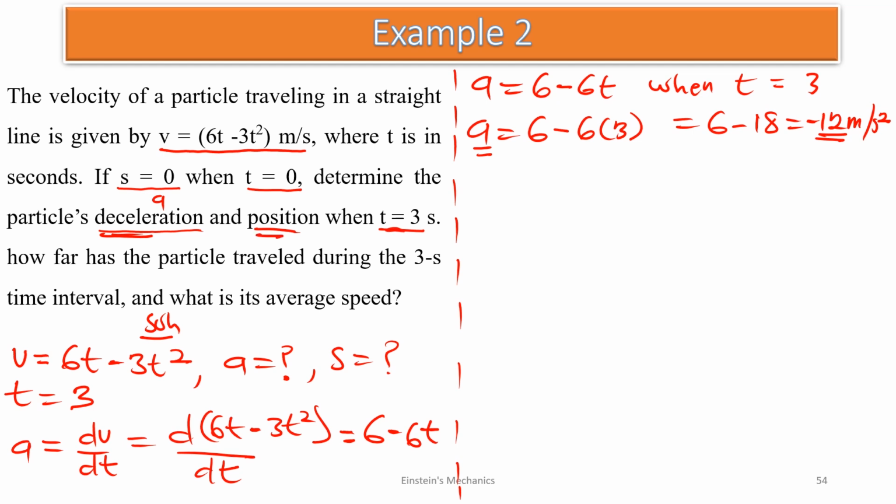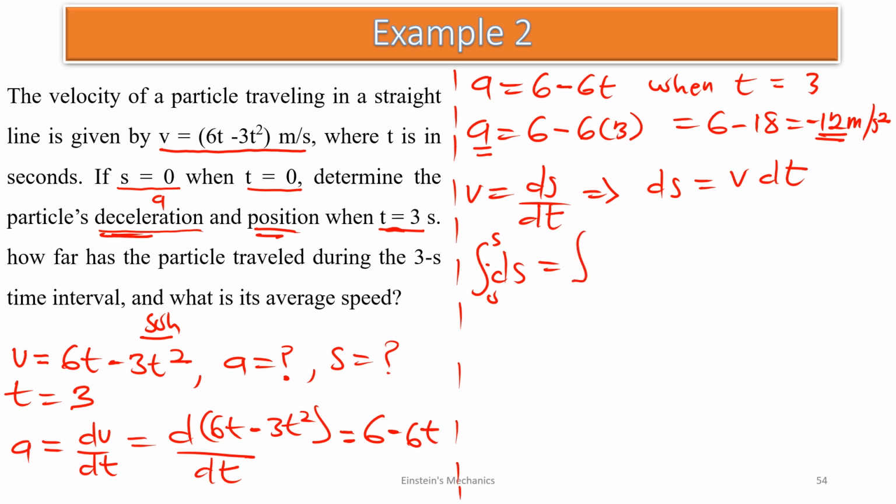Position means we are going to integrate the velocity function, right? You can pause the video and try that. So v is equal to dx on dt, which implies that my dx is going to be v dt. The dt is coming because the function of v is in terms of t, so that is going to be the integral of dx from 0 to x, from 0 to a certain t, and our v is 6t minus 3t squared, dt.